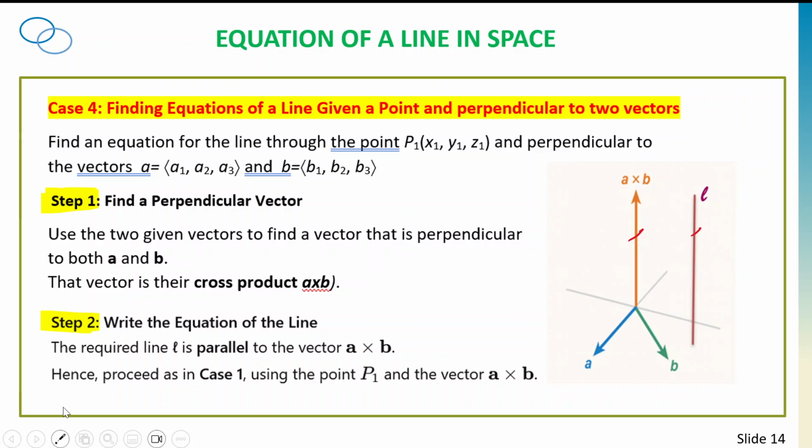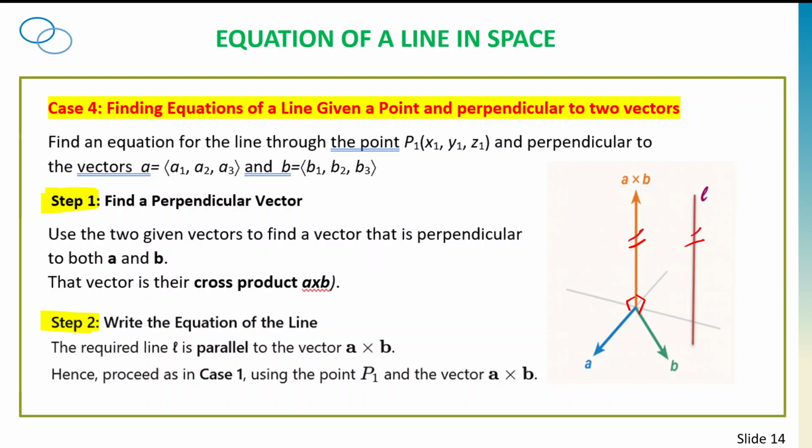So it creates an angle of 90 with A and an angle of 90 with B. Think about L. If L is perpendicular to A and B, and A cross B is perpendicular to A and B, what's the relation between L and A cross B? They are parallel to each other. So basically now I know that L is parallel to A cross B.